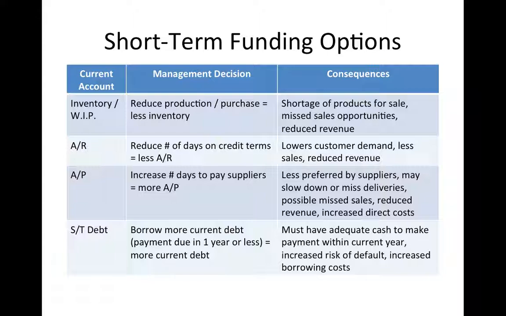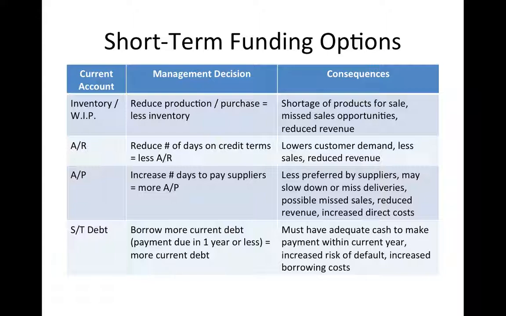Now, the consequence of that is extending the amount of time that you pay your suppliers usually is not something that you go to them and they just say, oh yeah, that'll be fine, pay me later. Usually it's a decision that you make because you're having a tough time making payments. And so the suppliers are going to become a little antsy with you, and they may get to where they don't deliver things timely, or they don't deliver as many of them, or they might miss some deliveries.